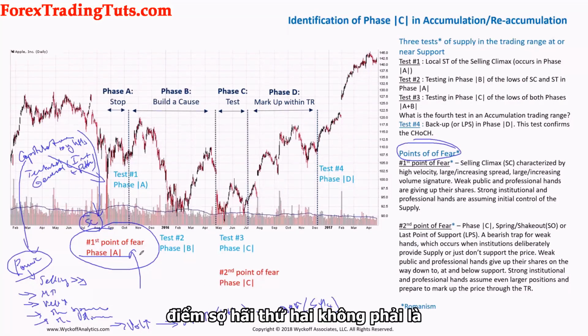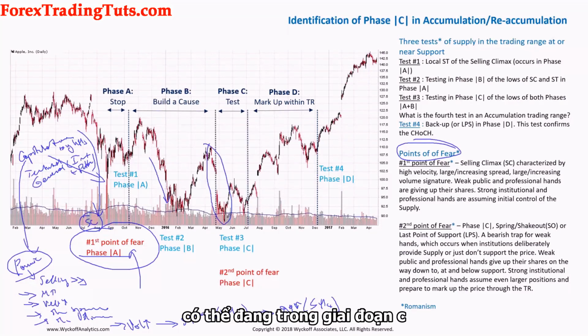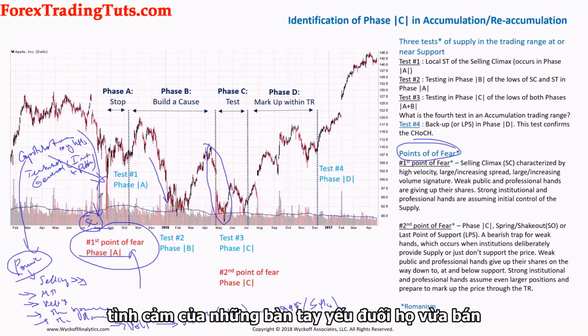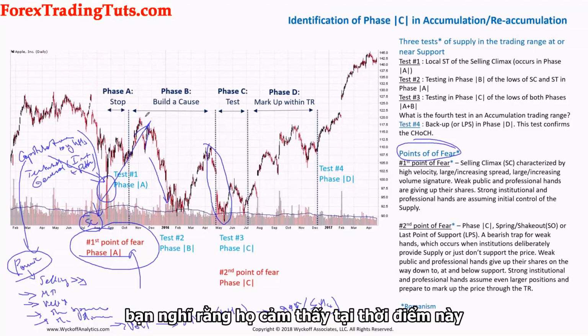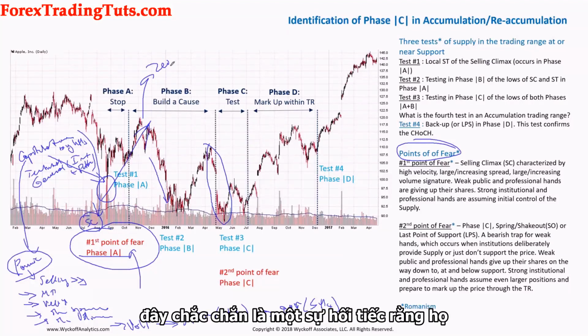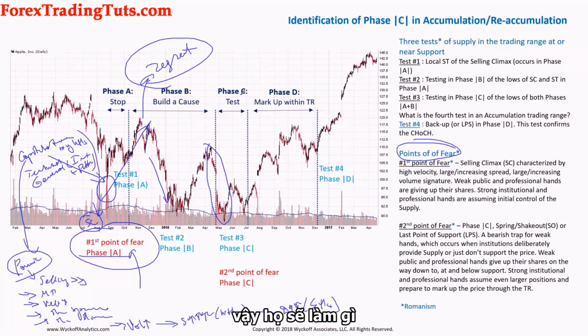The second point of fear is not necessarily going to be in phase B. It could be in phase C. Why is that? Well, think about the sentiment of weak hands. They just sold here and then the price went up. What do you think they feel at this point? This is definitely regret. So what are they going to do?